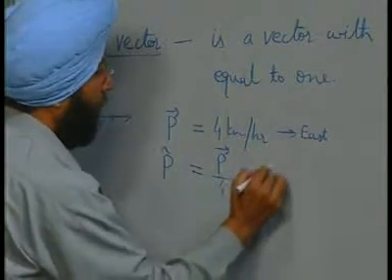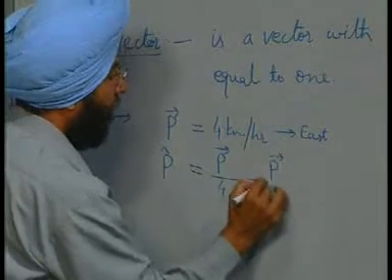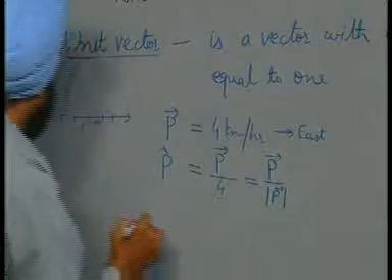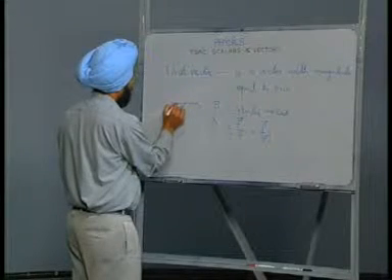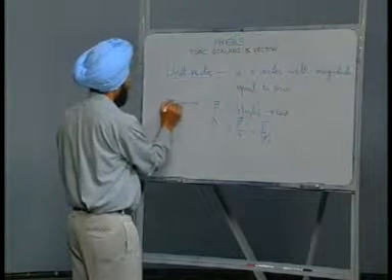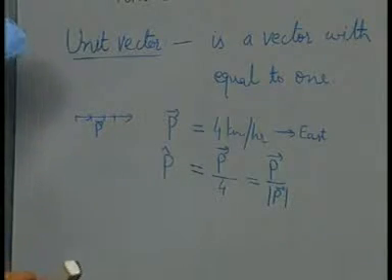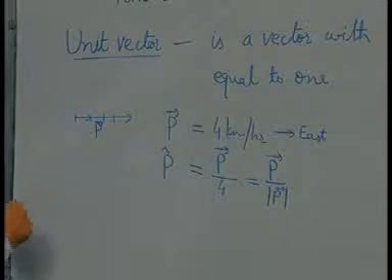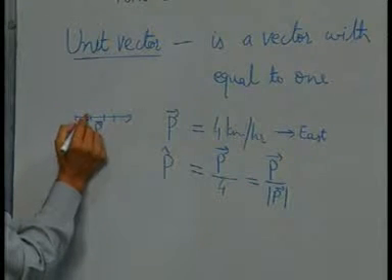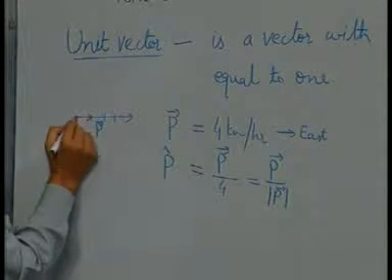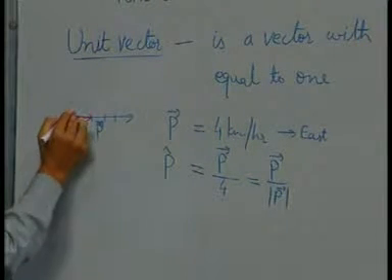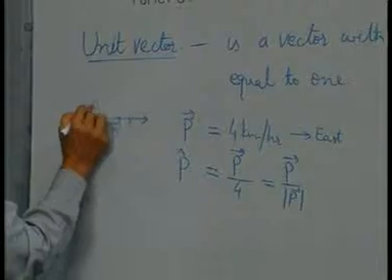So, this will be P vector divided by magnitude of P vector. This vector with unit magnitude and same direction as that of P is P unit vector.